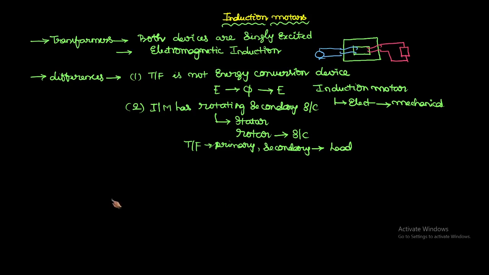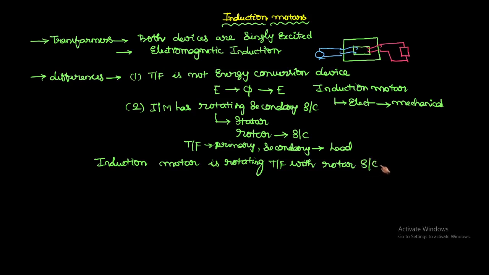So we can consider the induction motor as a rotating transformer with the secondary short circuited, that is, with the rotor short circuited. Rotor here means the secondary winding in the transformer.